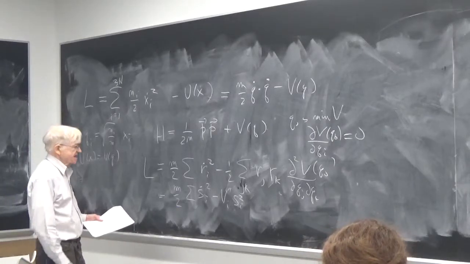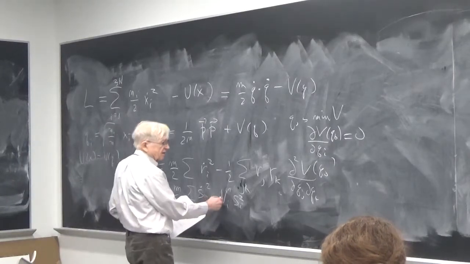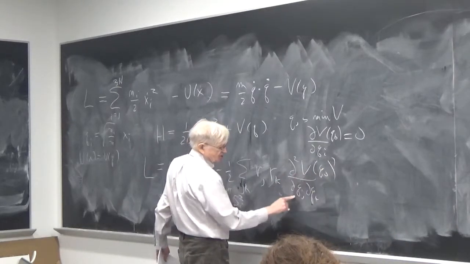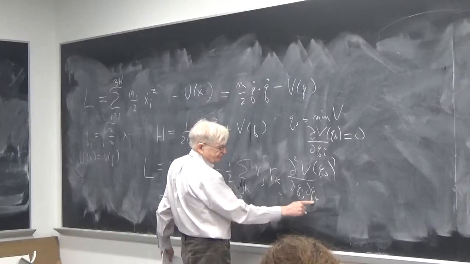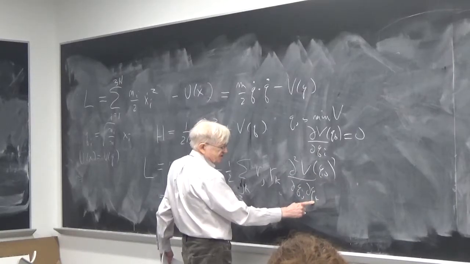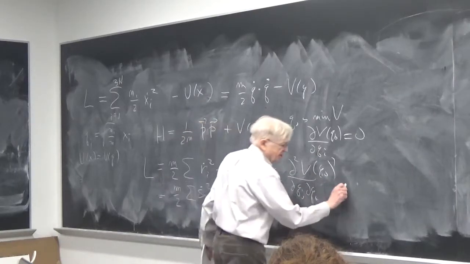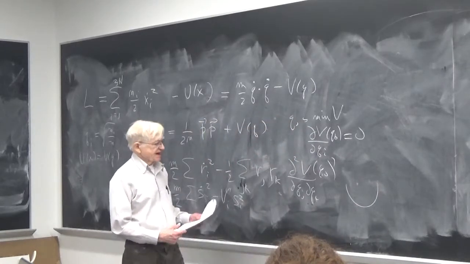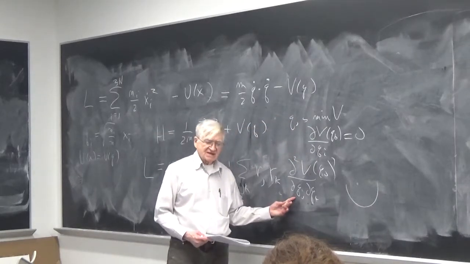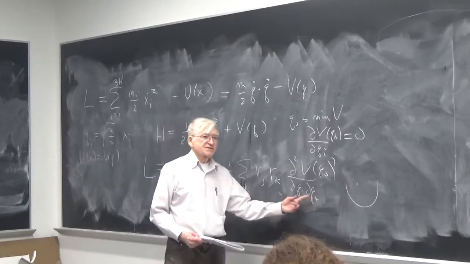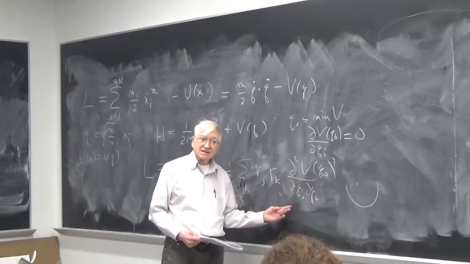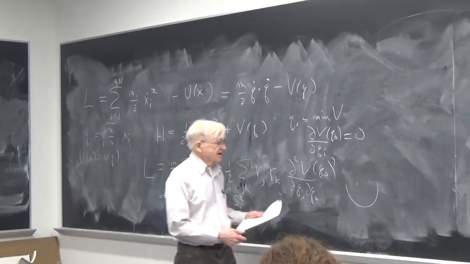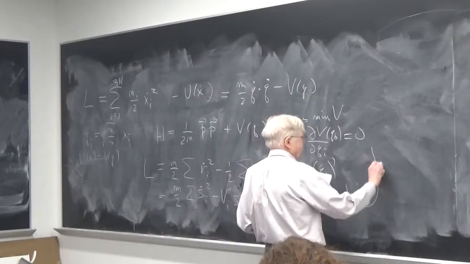What happened here is that you see this second partial derivative at the minimum. First of all, if it's a minimum, then the function is curving upward, and so the second partial derivative is positive. Moreover, it's also symmetric, and it's certainly real. So it's a real symmetric matrix. It can be diagonalized by an orthogonal transformation.